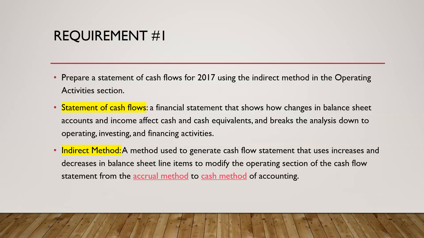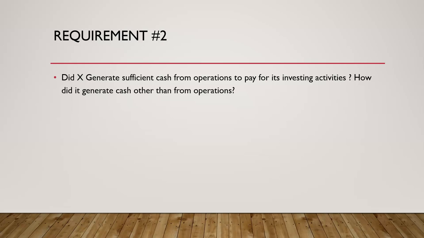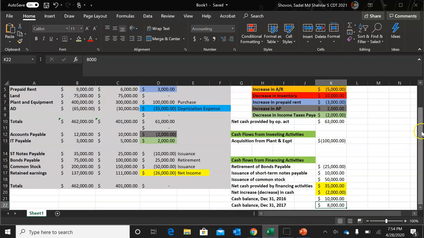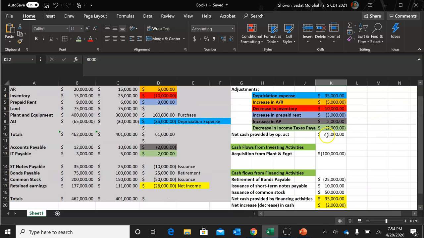second requirement. Our second requirement was, did X generate sufficient cash from operations to pay for its investing activities? How did it generate cash other than from operations? Now, if we go back to our Excel sheet, we see that the cash generated from our operating activities was $63,000 right here.